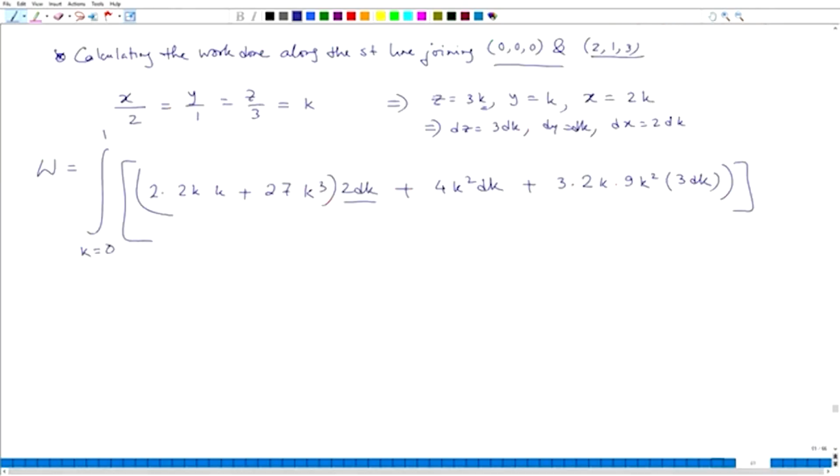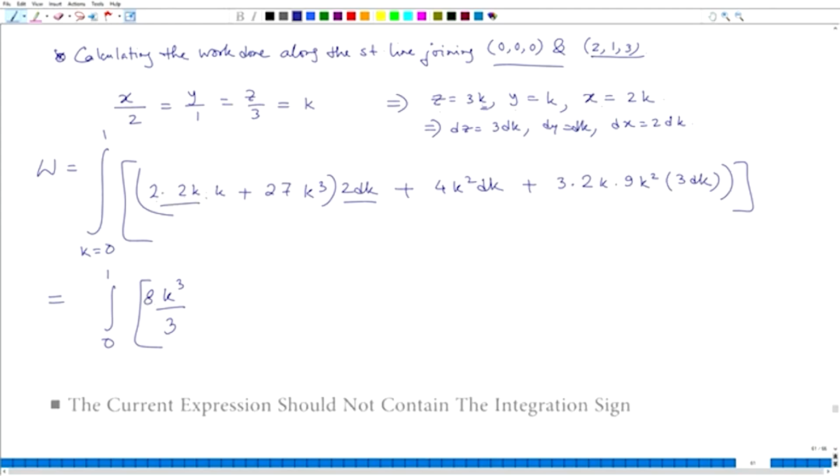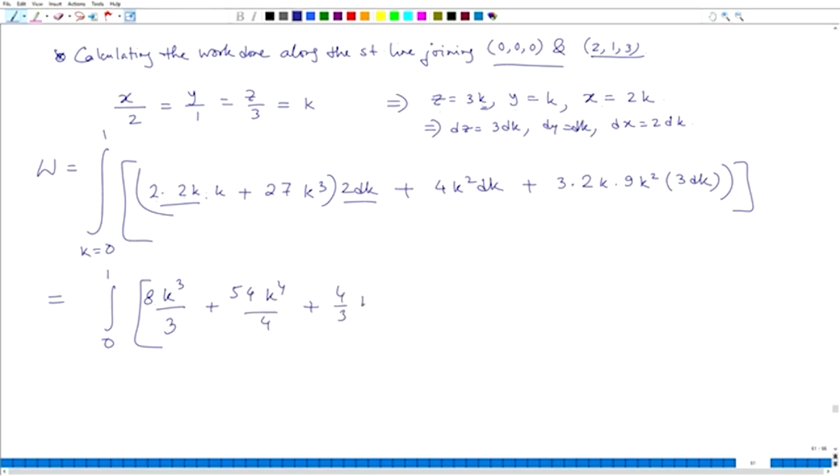Okay. If I do this calculation again properly, you will have integration 0 to 1, k cubed by 3 times 8, because this is 2, 2 and 2, this comes 8, and this is k squared dk, which becomes k cubed by 3. Okay. Then plus 54 k to the 4 by 4 plus 4 by 3 k cubed plus 162 by 4 times k to the 4.